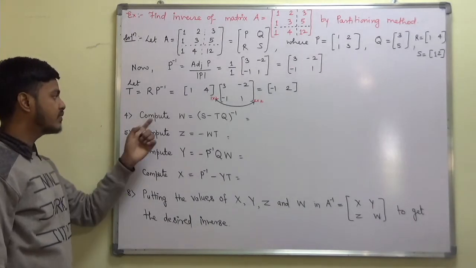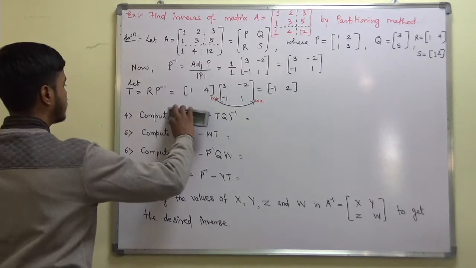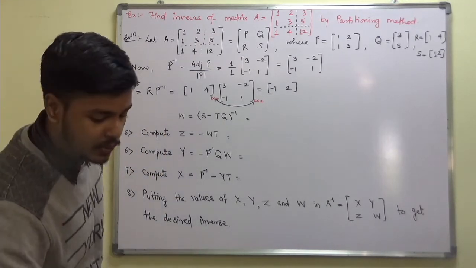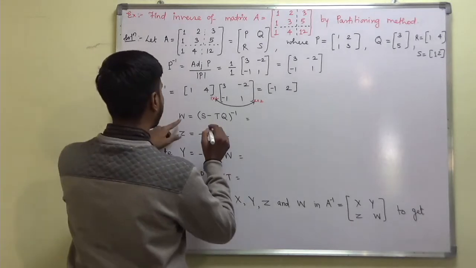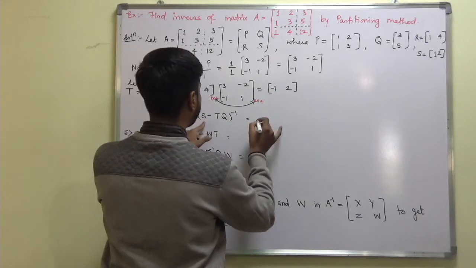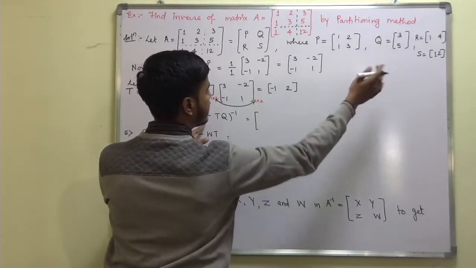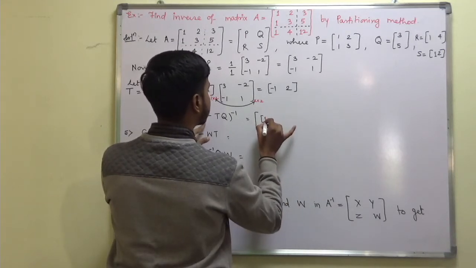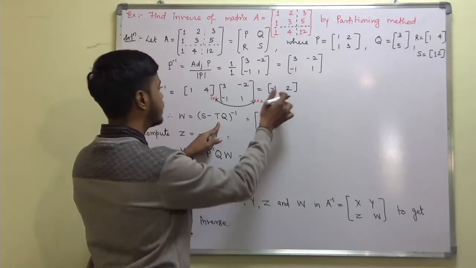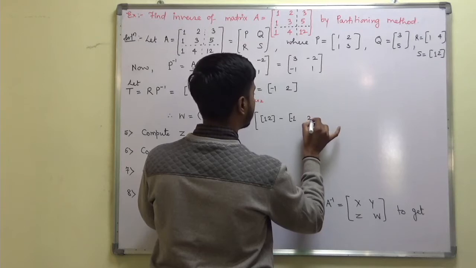Okay. Now next we compute W is equal to S minus T Q inverse. So what is W? W is equal to S. I am making a bigger matrix. What is S? This 12, a 1 by 1 matrix, minus T. T we have just found out: this is 1, minus 1, 2.